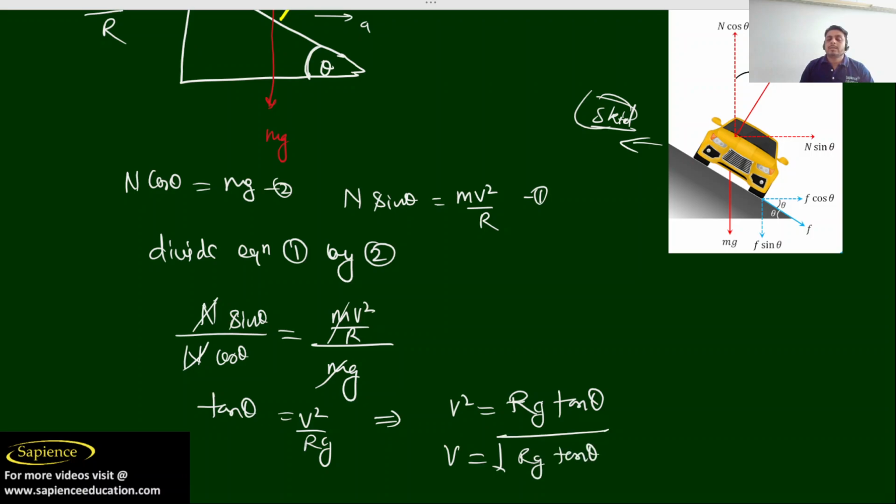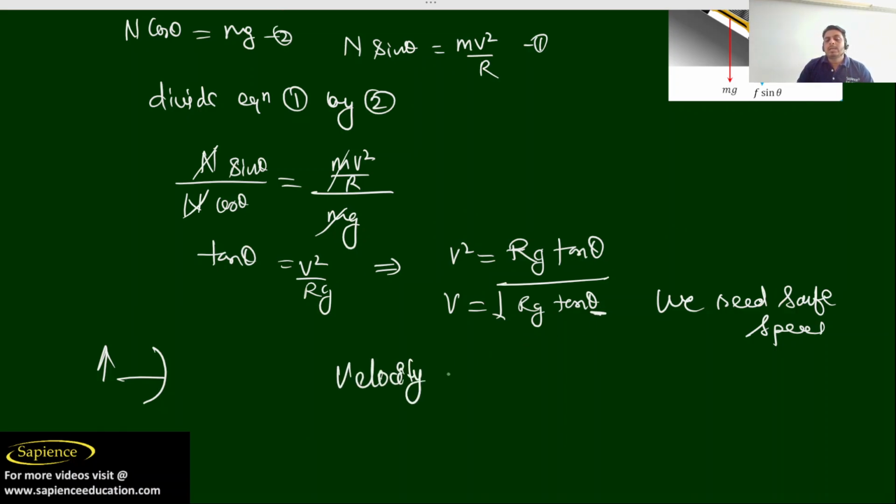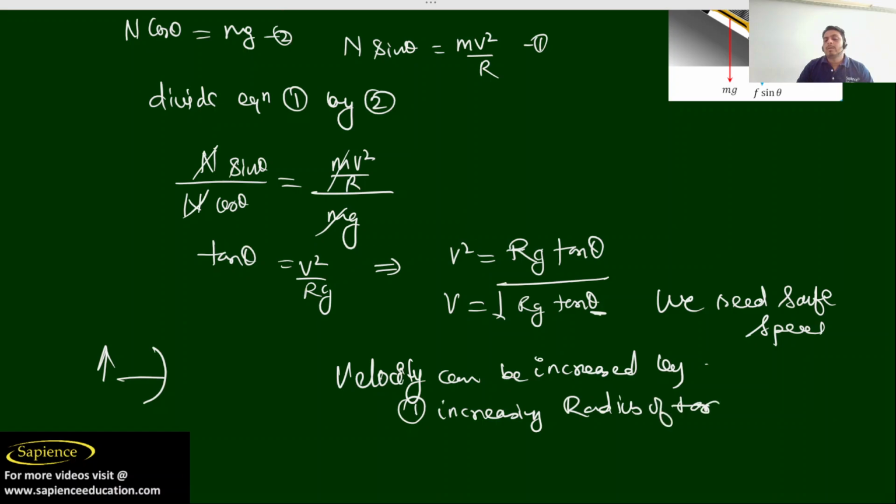So basically, we need safe traveling, a safe speed. If you want to increase the velocity without relying on friction, we can increase the velocity by increasing the radius of the track.